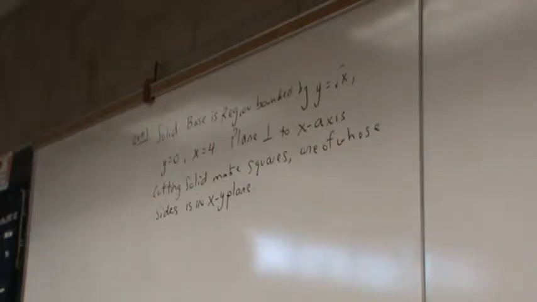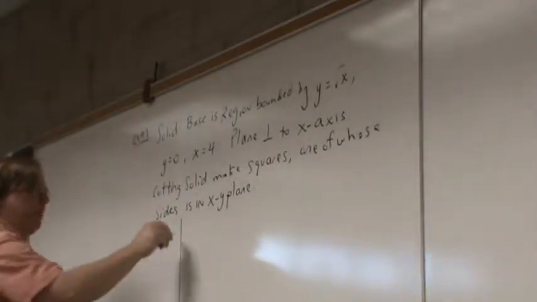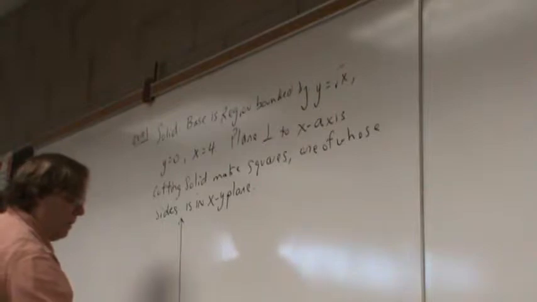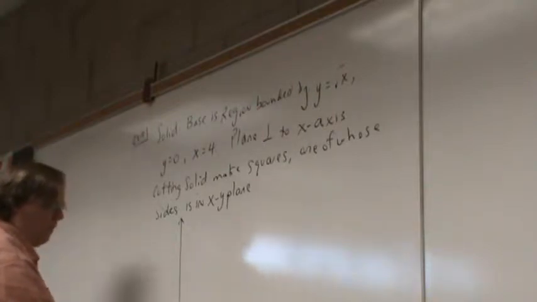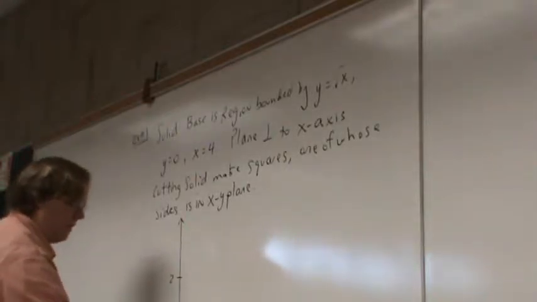So here's what I'm trying to create. First, draw your region from y equals rad x. Here's 1, 2, 3, 4 on the x-axis, and 1, 2 on the y-axis.